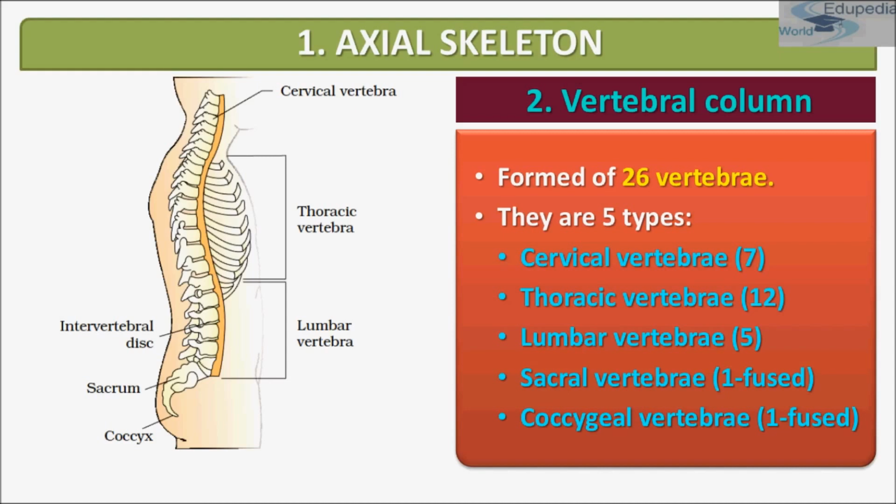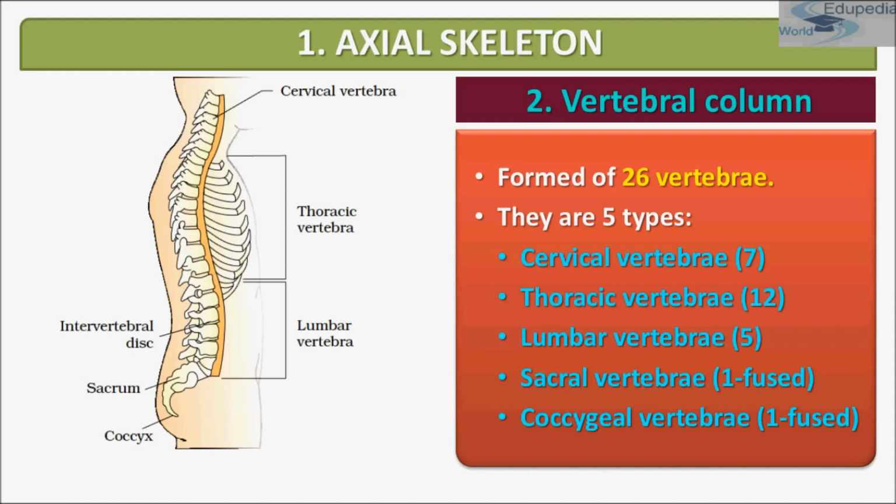As I have told you, this is the first vertebra, and above it there is an occipital condyle present in the skull. So the first vertebra, which we also call atlas, articulates or moves with the occipital condyle present in the skull.